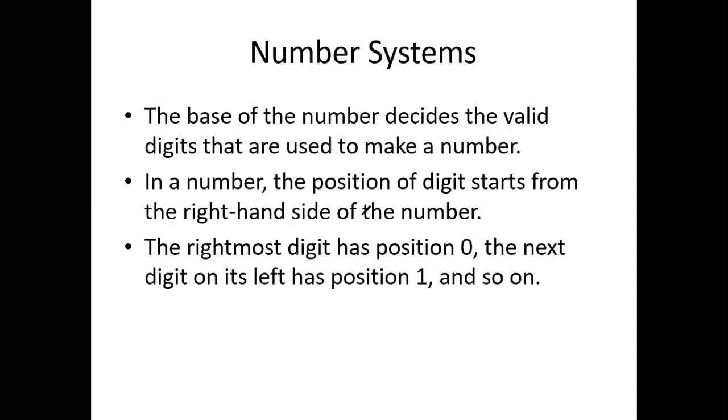Now, when we're trying to look at the value of a number, we consider the positions, and the positions start from the right going to the left. The rightmost digit has position 0. The next digit on its left has position 1. The next one, position 2, just like that.